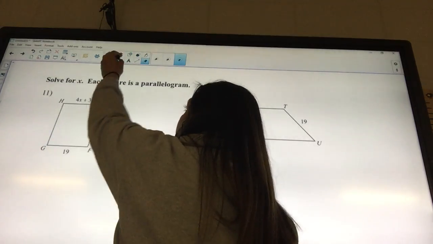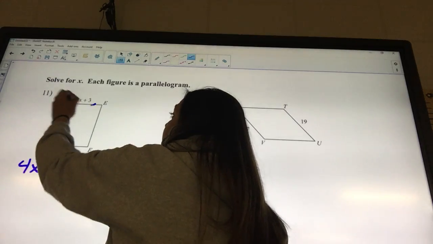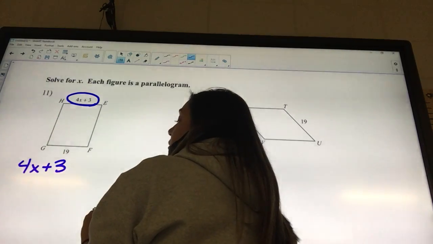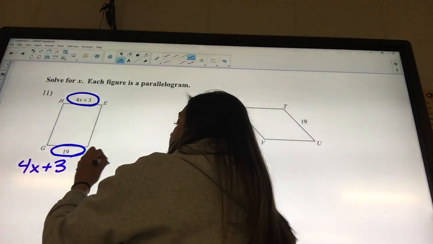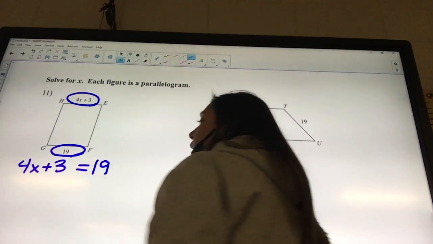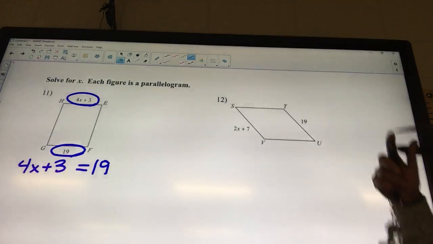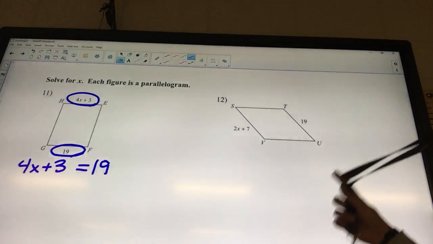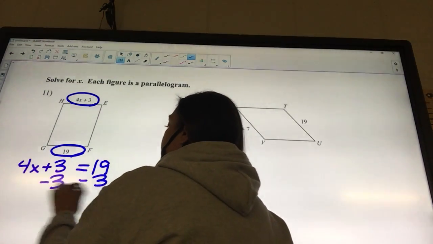So we're going to set this up, and you're going to say 4x plus 3, this side, is equal to what side? The other side, which is 19. Now it's just a matter of solving for that variable. So what needs moved first? I got 4x plus 3 equals 19. The plus 3 needs moved, so I'm going to say minus 3.